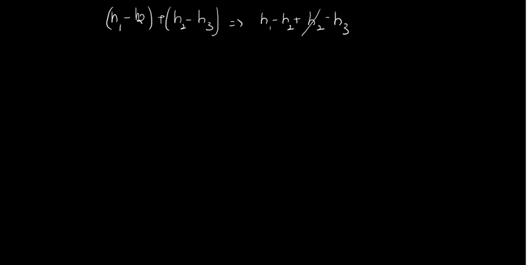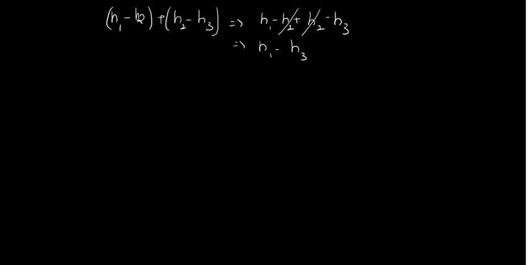Right? Now the total enthalpy drop, that is H1 minus H2 plus H2 minus H3. It is nothing but H1 minus H2 plus H2 minus H3. If I cancel out H2 plus and minus, I'll be ending up with H1 minus H3.